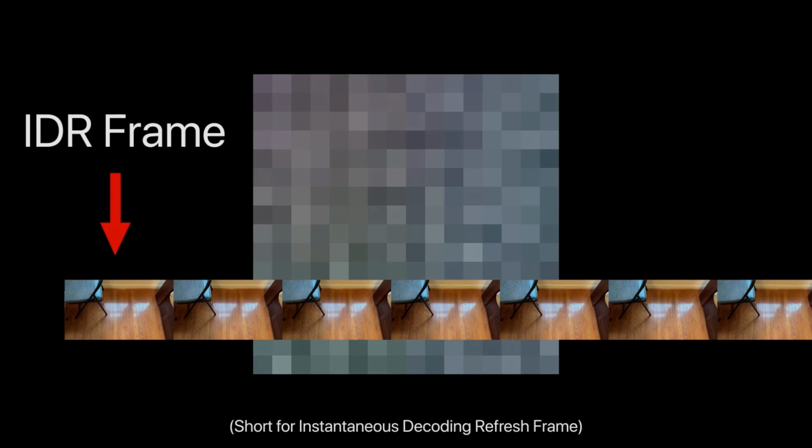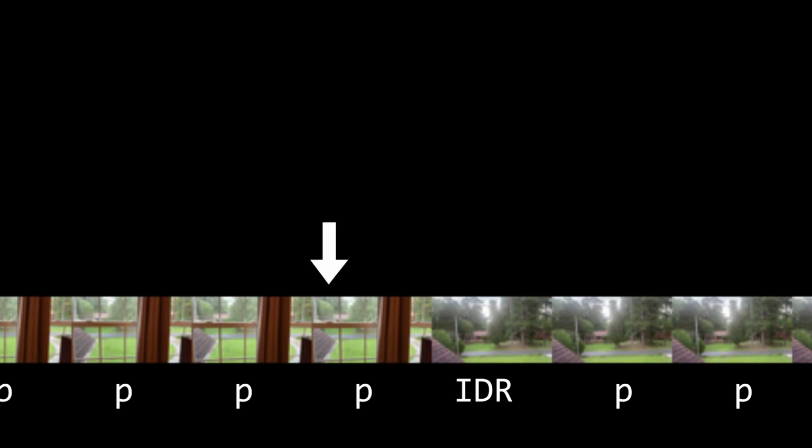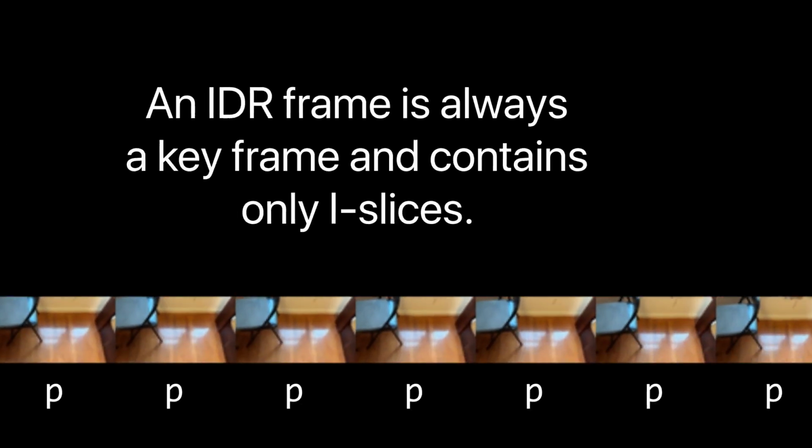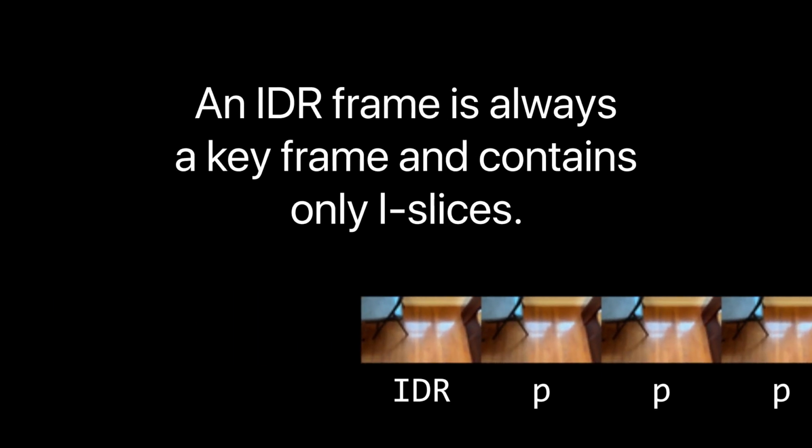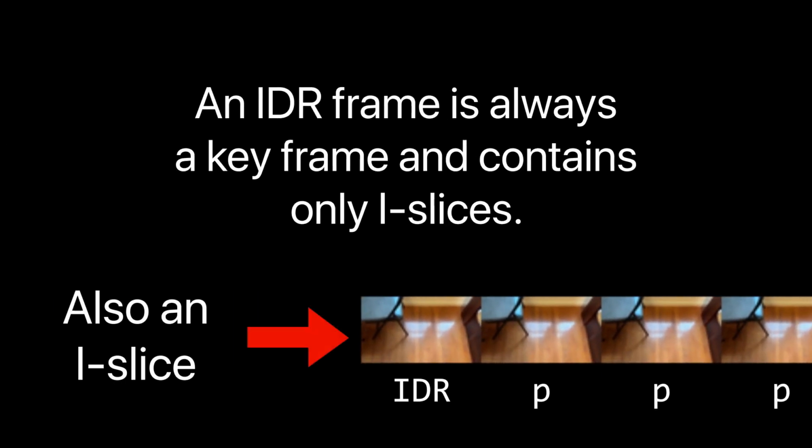Recall from the very beginning of this video that the slice we just encoded was an IDR frame. An IDR frame is a special kind of I slice that says, from here on, nothing earlier matters. When we hit an IDR frame, the P frames are not allowed to reference any frames before it. Because of this, an IDR frame is always a key frame and contains only I slices.